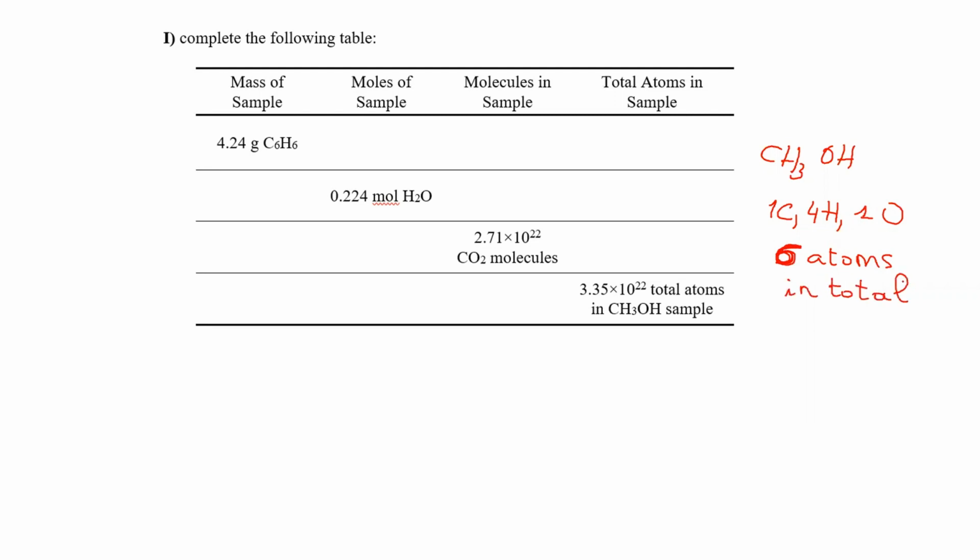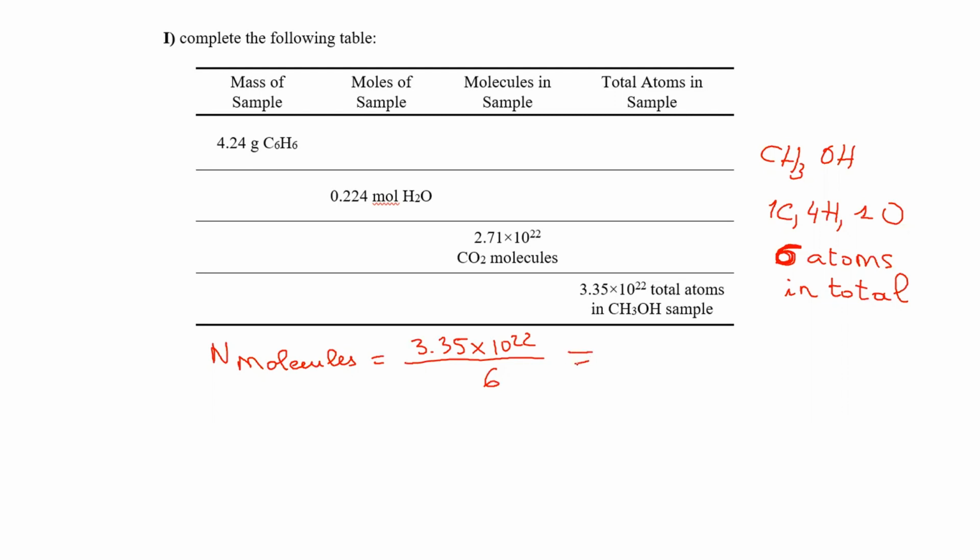If I want to know the number of molecules, I will take the total number of atoms in the sample, 3.35 times 10 to the power 22, divided by 6.